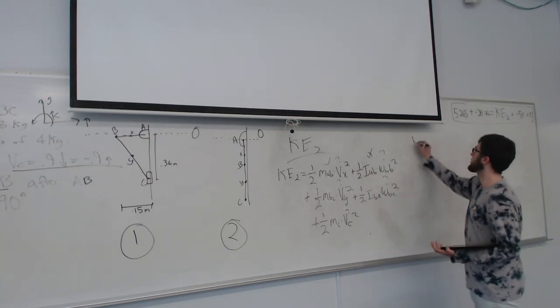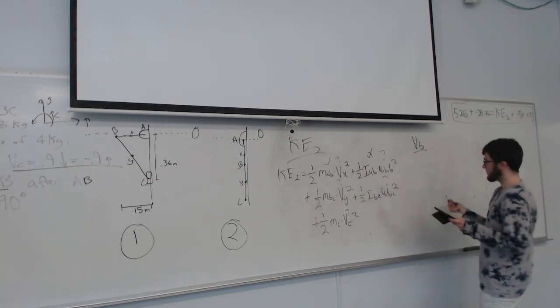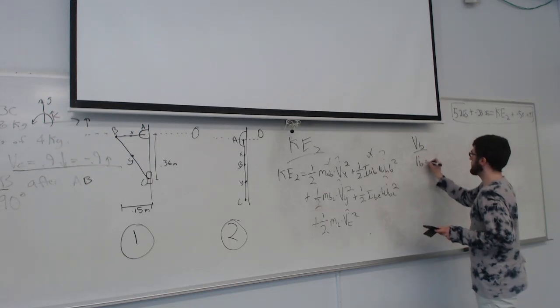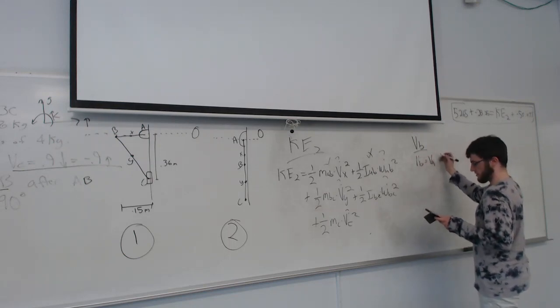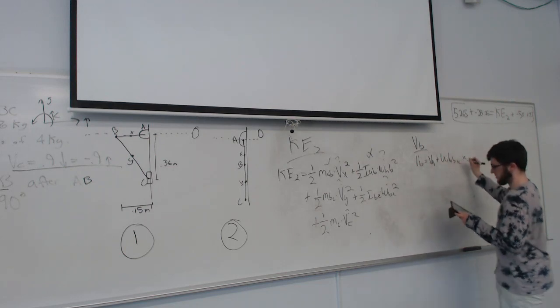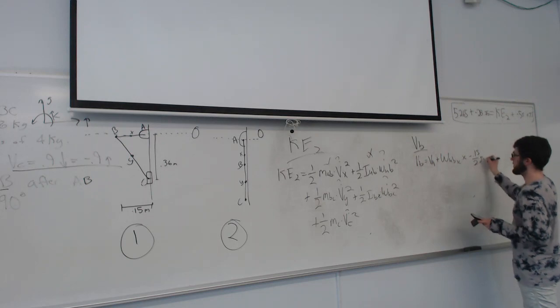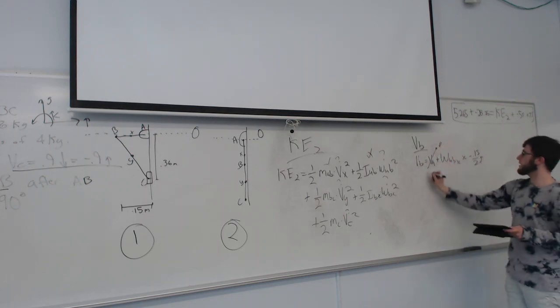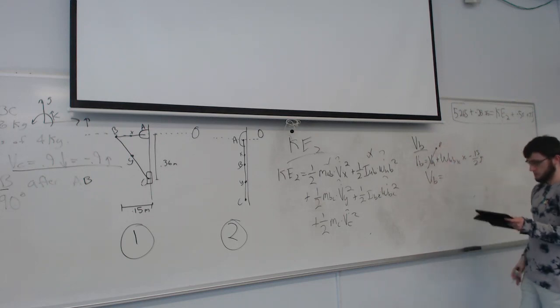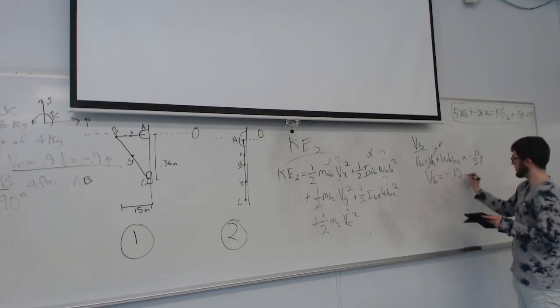Looking at point B, velocity of b is velocity of a. Velocity of a is 0 again. Velocity of b, just by doing this.